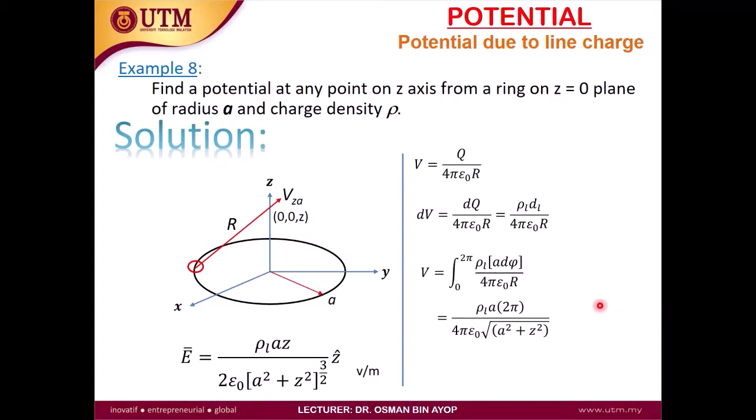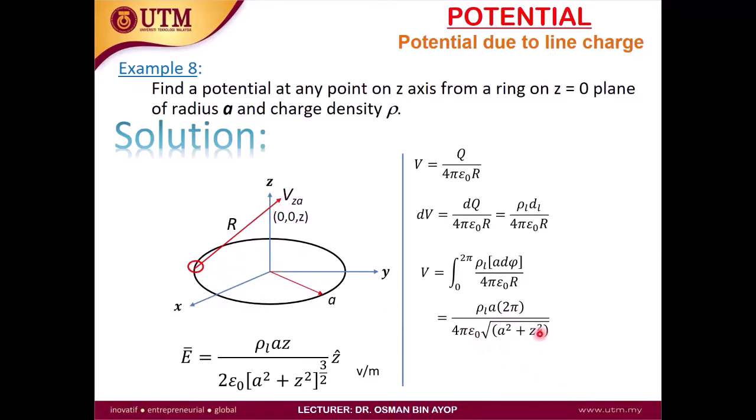How do you get this? Okay, so basically our phi is equal to 2 pi, and then we have R. The R here is this distance, which is equal to square root of a squared plus z squared, just using the Pythagoras theorem.